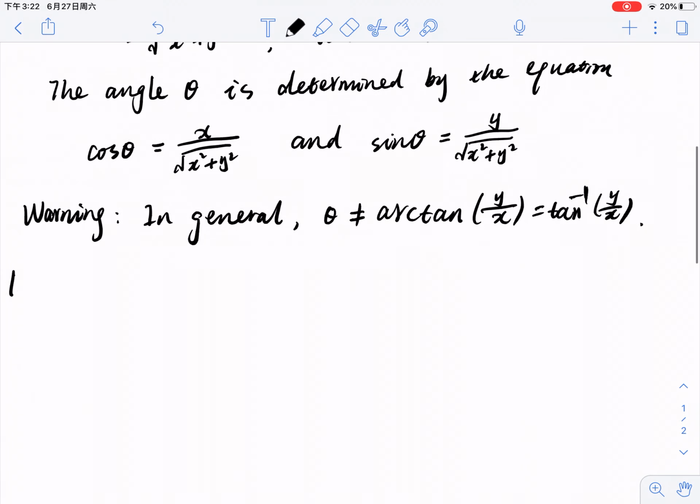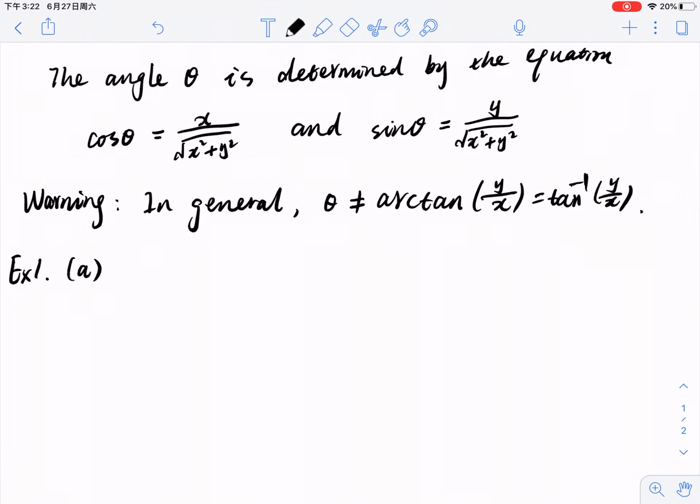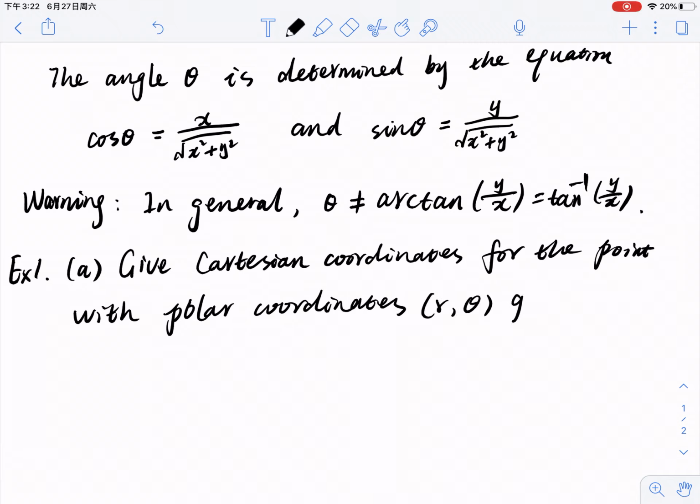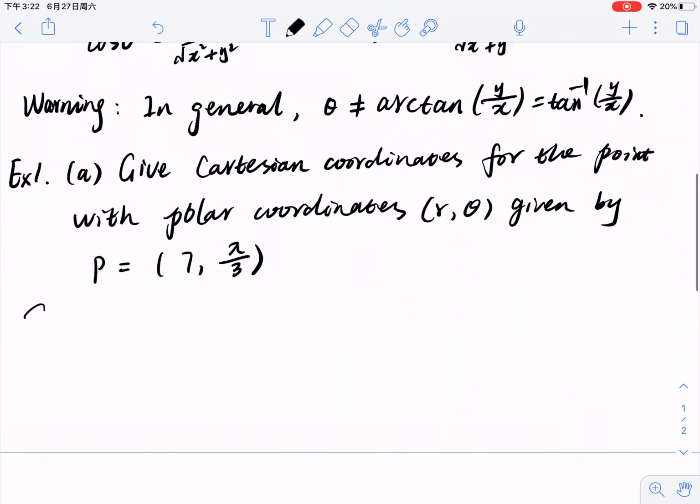Now let's look at an example. Example 1, the first part is: give Cartesian coordinates for the point with polar coordinates r, theta given by P is 7, pi over 3.